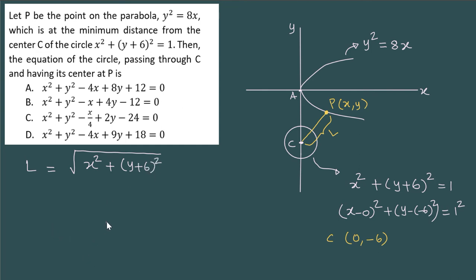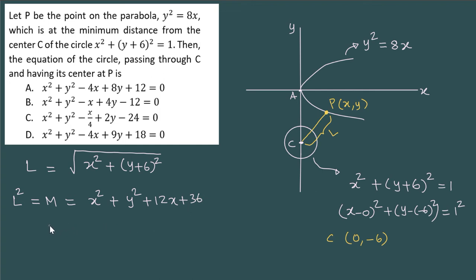If L is minimum, L square will also be minimum. So instead of taking L square, maybe I'll call it M. If I square it, x square plus y square plus 12y plus 36.